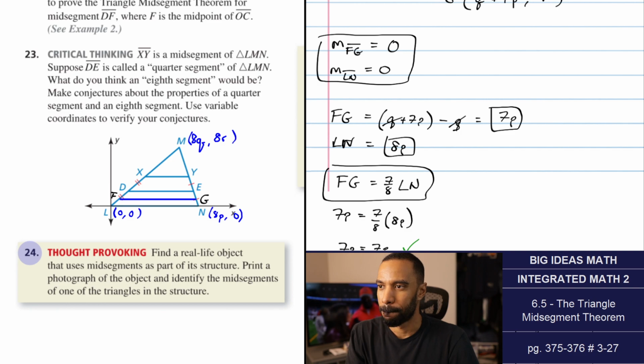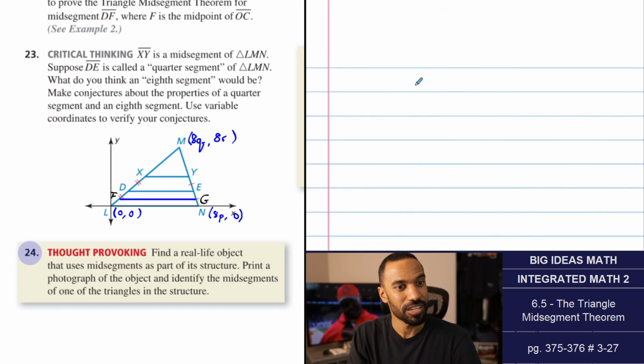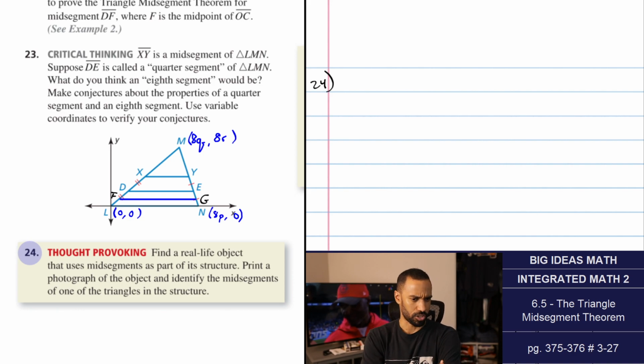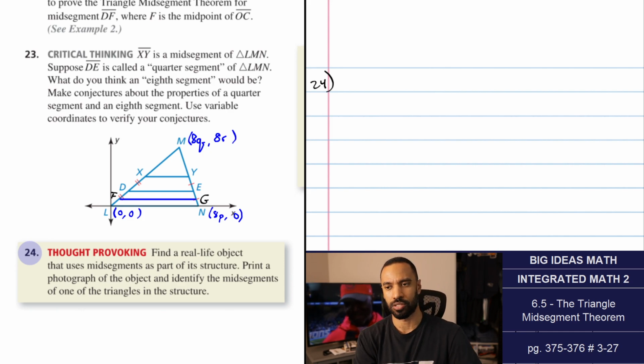Number 24. I thought I was going to finish in less than an hour, but that last couple problems kind of added time. Find a real-life object that uses midsegments as part of its structure. Print a photograph of the object and identify the midsegments of one of the triangles in the structure. Well, obviously I can't do this on the internet.